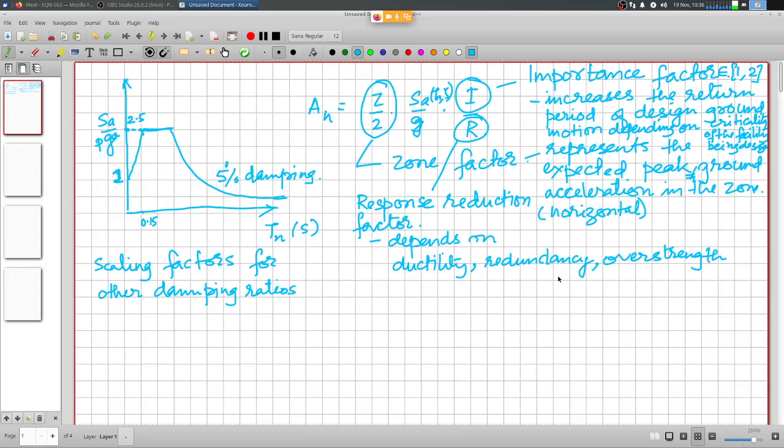Now, it is obviously not possible to provide exactly the same percentage of steel as comes out during the design calculation, because the available reinforcement bars may not exactly agree with the area of steel that needs to be provided. So obviously you will provide more than what is required. That is one source of overstrength.